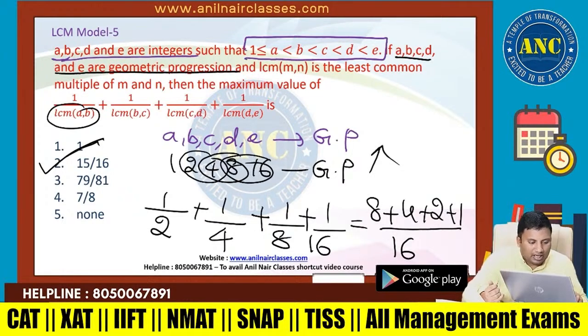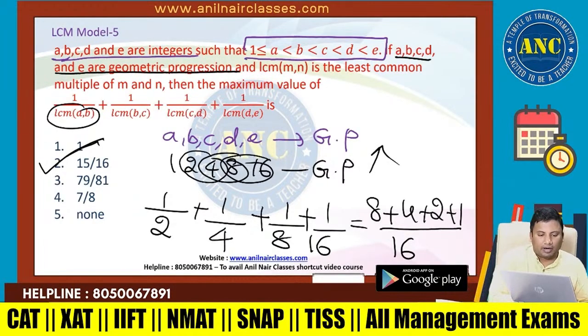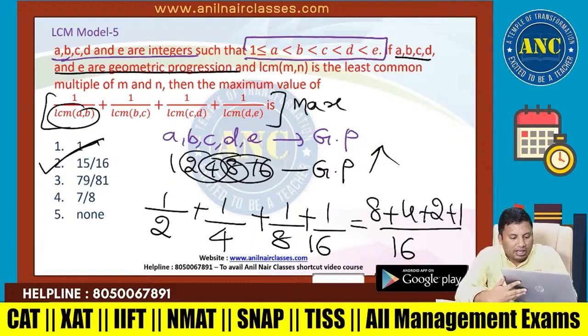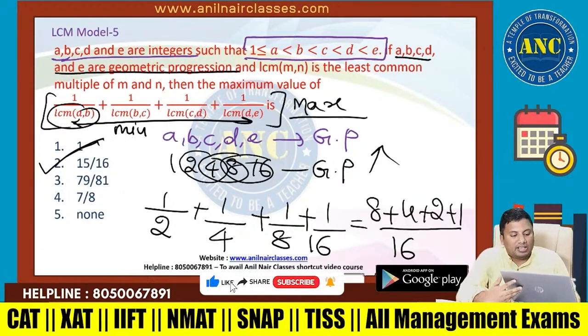I hope it is clear, right? Next one. Suppose, sir, can I take, now see, these entire values should be maximum. If this value is maximum, this entire value should be minimum. Because it is minimum, I took the lowest value.